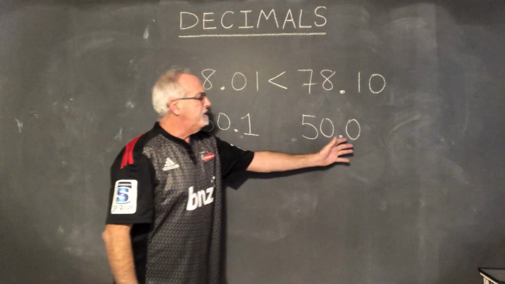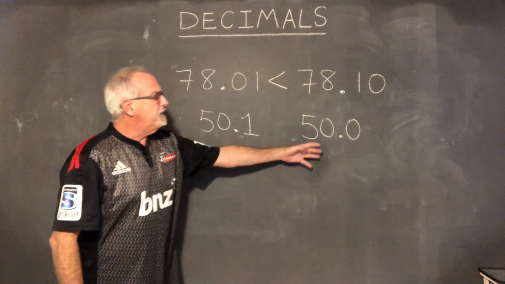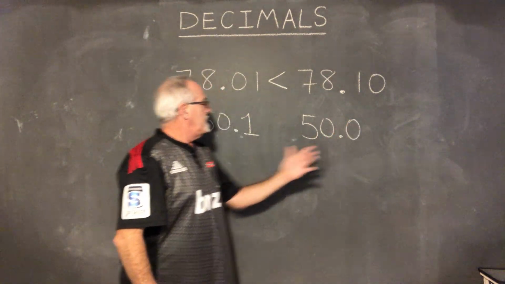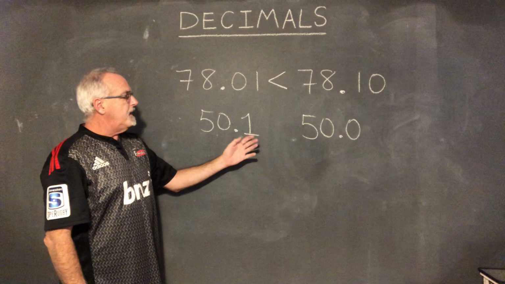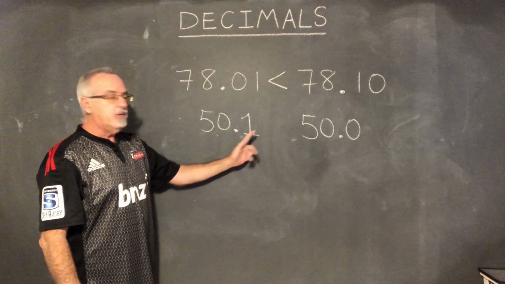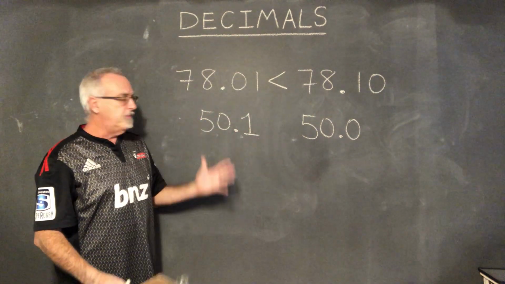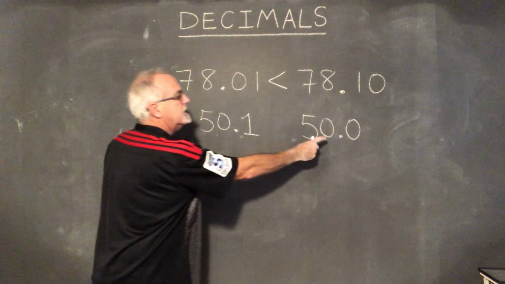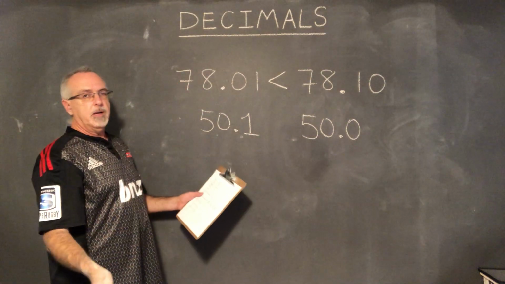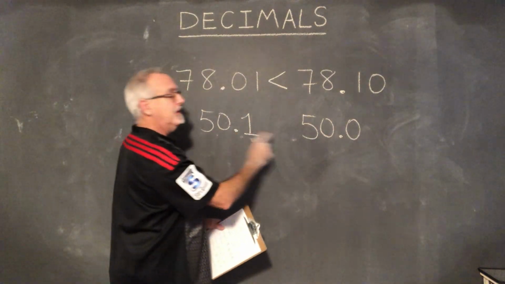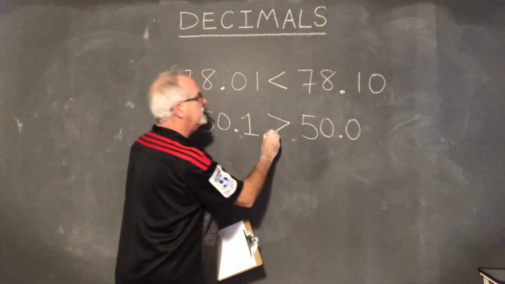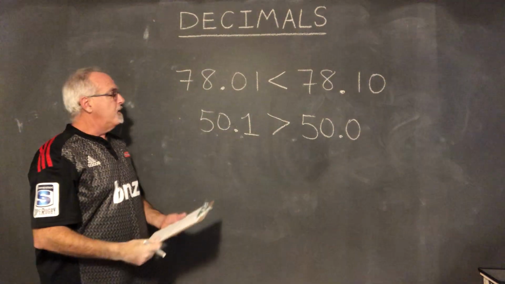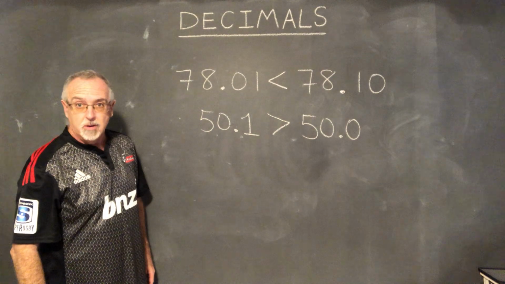I didn't really have to write the decimal or the zero, and I would have been correct to just write 50. But 50.1, no, I have to write that decimal, I have to write the 1, otherwise I'm changing the number. So 50.1 is not the same as 50.0. Which one's bigger? 50.1 is slightly larger than 50.0, so I am going to use my greater than symbol, the one that does not look like an L or a G.